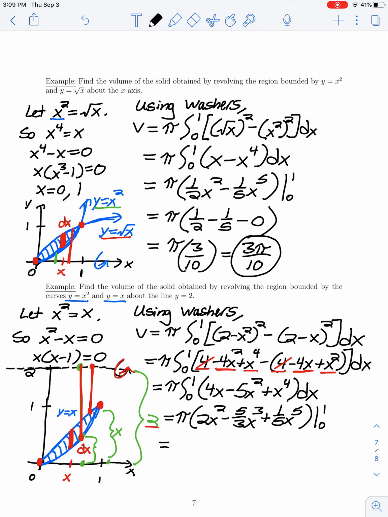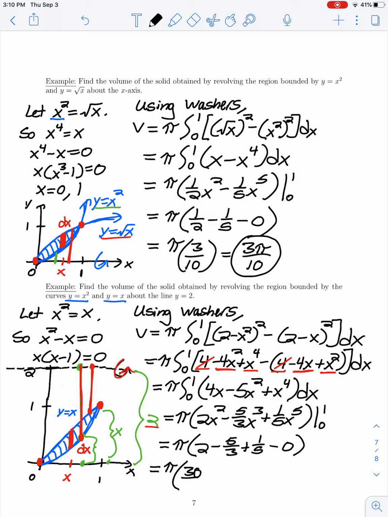So substituting 1 in for x, we have pi times 2 minus 5/3 plus 1/5, and then we subtract what we get when we substitute x equals 0, which is 0. So let's see what we're left with. Here we have a pi times, now we need a common denominator, which it looks like 15 would work.